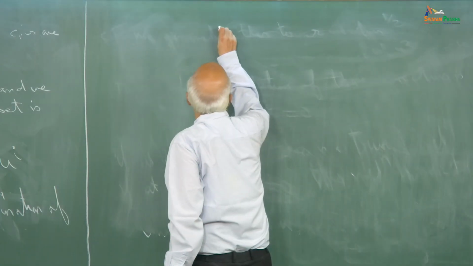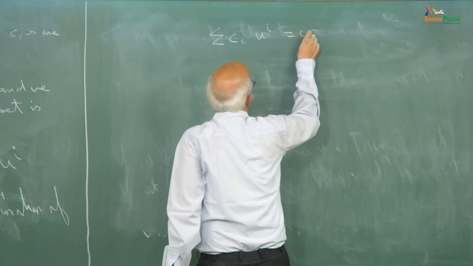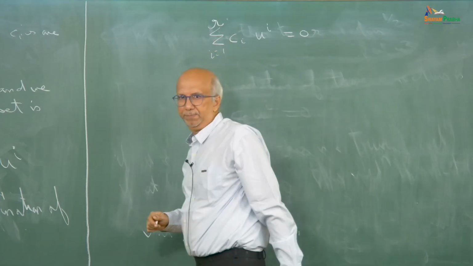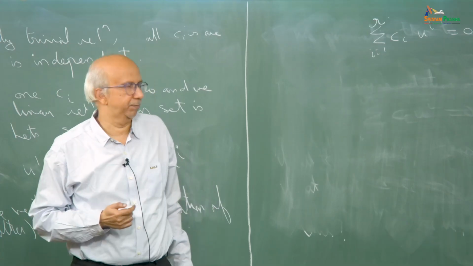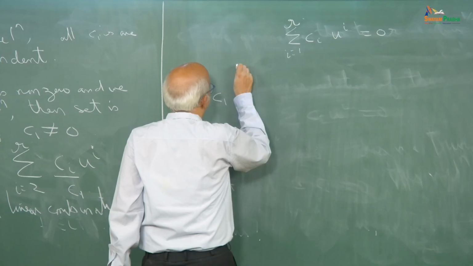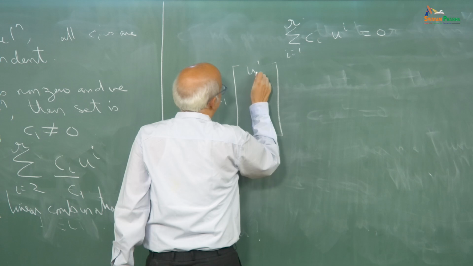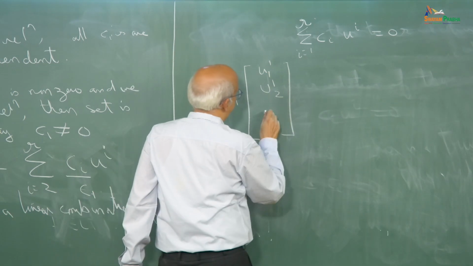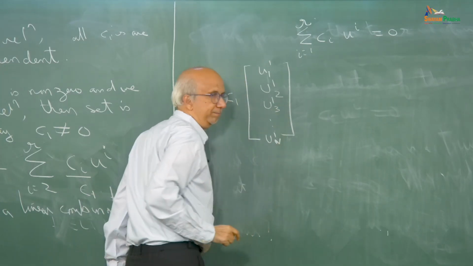So, I have my linear relation Ci ui equal to 0, i equals 1 through r. And what exactly does this mean? This means C1 multiplied by the first vector, superscript 1, the first coordinate subscript 1, u1 subscript 2, u1 subscript 3 up till u1 subscript n.